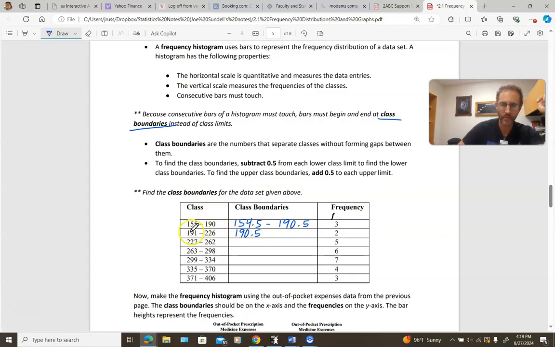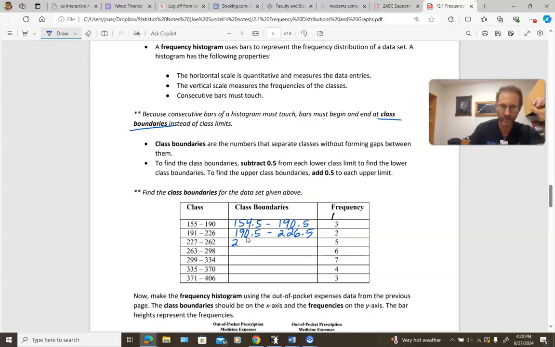See, because if you take 191 and subtract a half step, you get 190.5. And then they just kind of go the same way. Add a half step to 226 and you get 226.5, etc. And to find the rest of these, you could just start adding 36 again because that's the class width.